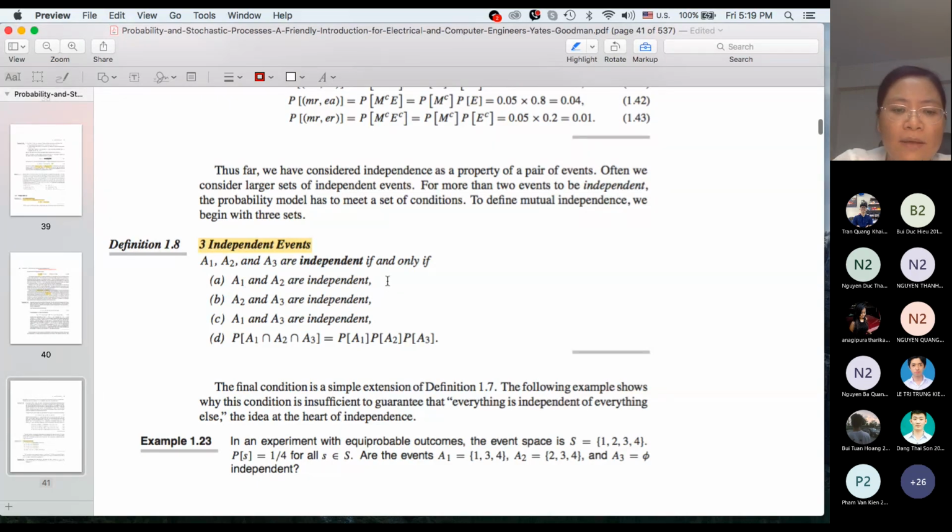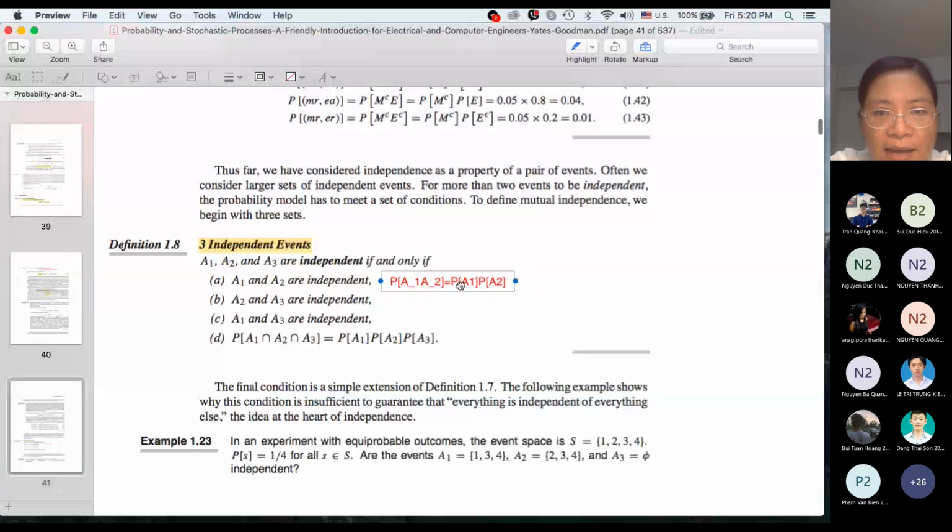It means that probability of A1, A2 equals probability of A1 times probability of A2.